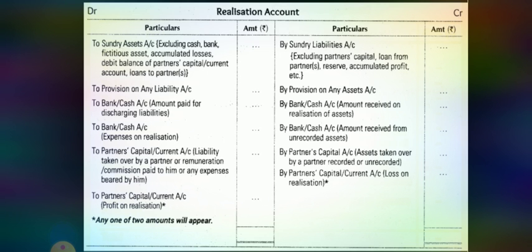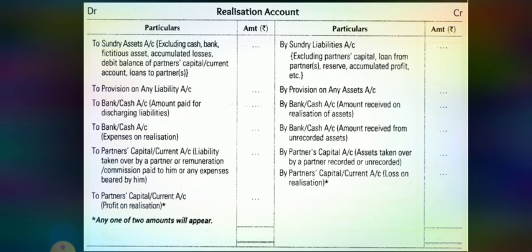Credit side, by bank account or by cash account, is to be used when amount is received on realization of assets, meaning at the time of dissolution the assets would be sold and the amount realized, the amount received from the persons, would be credited here in the realization account with the name bank or cash.